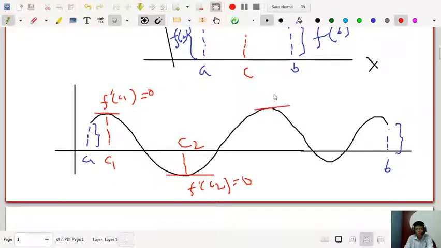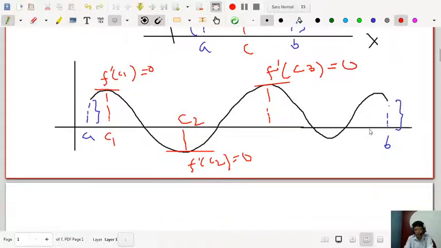You have another point C3, here also the tangent is parallel to the x-axis, that is f dash C3 equal to 0, the derivative at C3. Another point C4, that is f dash C4 equal to 0, right? And you have another point, except A and B, in between A and B always. So this is f dash C5 equal to 0.